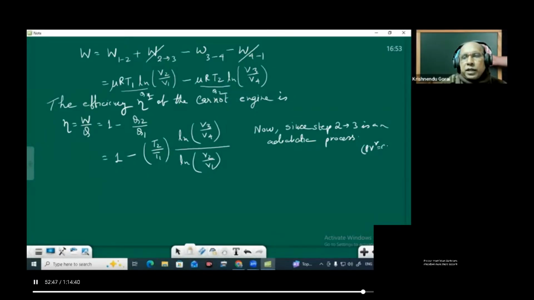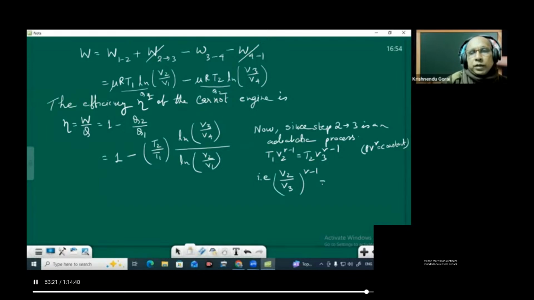So from this relation, we got this value, that is T1 V2 to the gamma minus 1 is equal to T2 V3 to the gamma minus 1. So from here we can write V2 by V3 to the power gamma minus 1 is equal to T2 by T1.